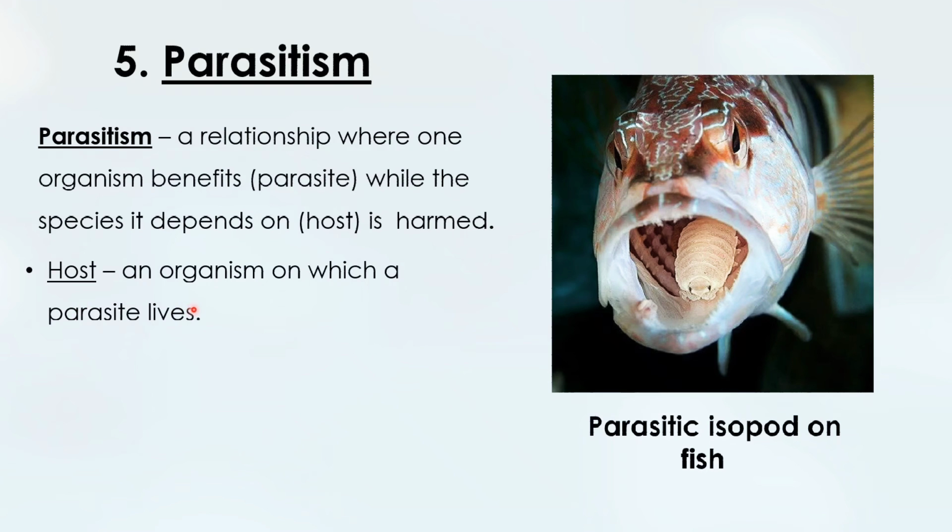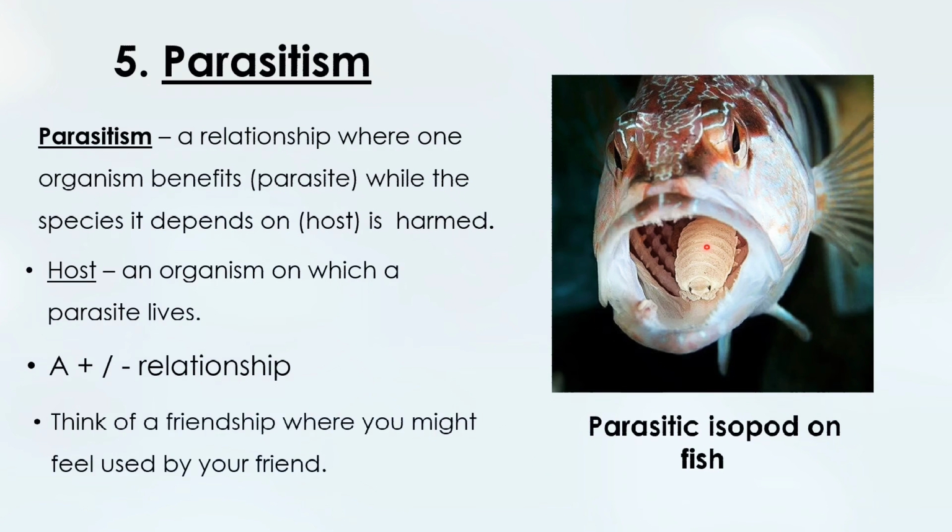The host is the fish being harmed, and the parasite is the animal that harms the host. That's why they have a positive and negative relationship: the fish as the negative, and the isopod as the positive. It's like a friendship where you might feel used by your other friends.